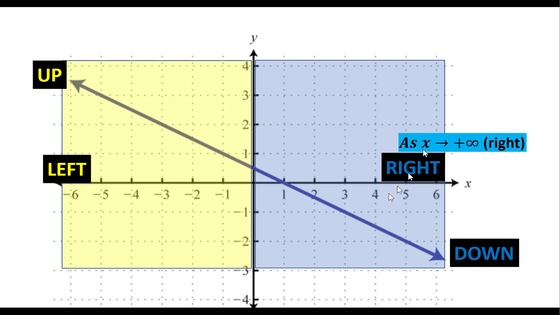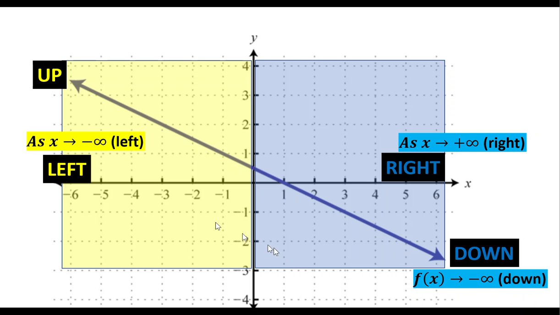So as x approaches positive infinity, the function is approaching negative infinity. As x is approaching negative infinity, the function is approaching positive infinity. Remember, x can only go in two directions, to the right or to the left.